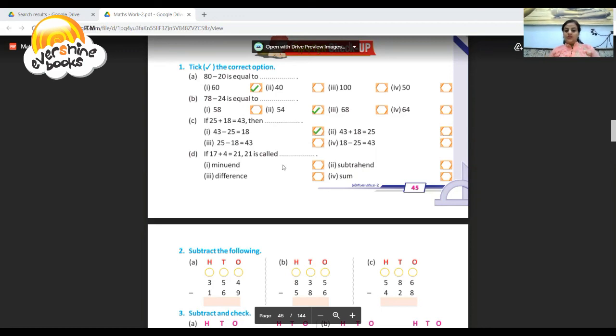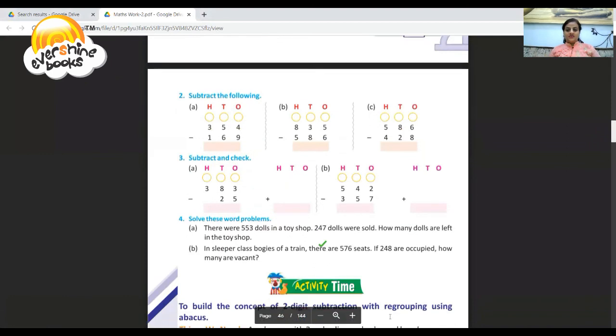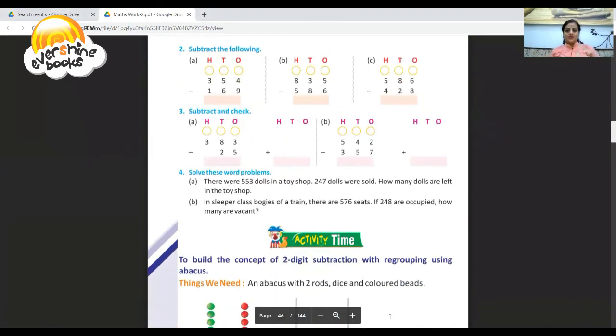When 21 is there, it is called the sum of the numbers. So here it is the sum. Now next we are going to subtract the following. Okay, here we come with the hundreds digit, tens digit and ones digit too.